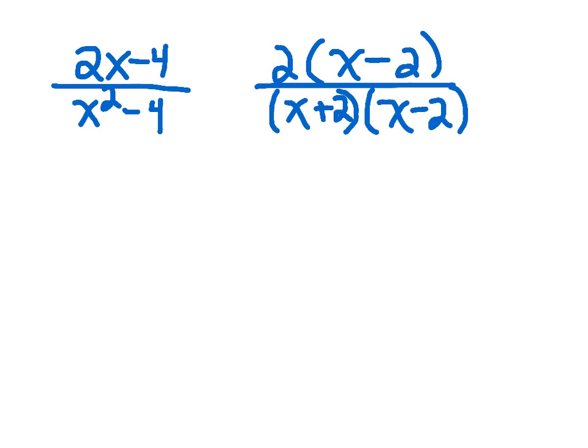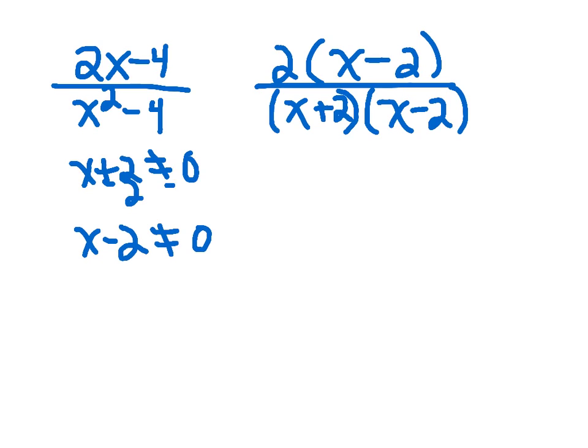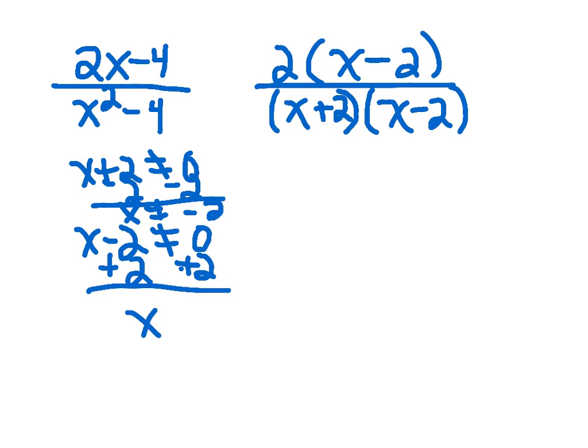Now, before I cancel, I want to go over to the side, and I want to say x plus 2 can't be 0, and x minus 2 can't be 0. So that means the restriction here is x can't be negative 2, and x can't be positive 2. And then I continue my problem, and the answer is 2 over x plus 2. And remember, we can't cancel those 2's.